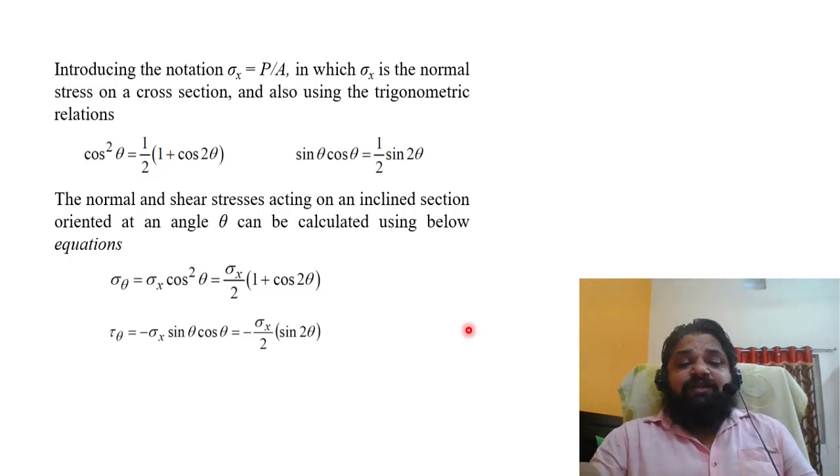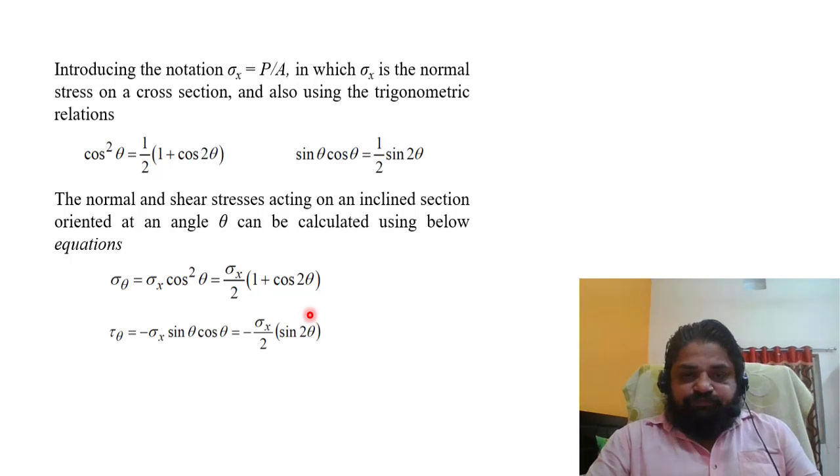That cos square theta has again been converted into half of cos 2 theta, and all this, the sin theta and cos theta, has been termed, one is the sin component, one is the cos component. The cos component in an oblique plane refers to the normal stress, and the sin component of the same refers to the shear stress.